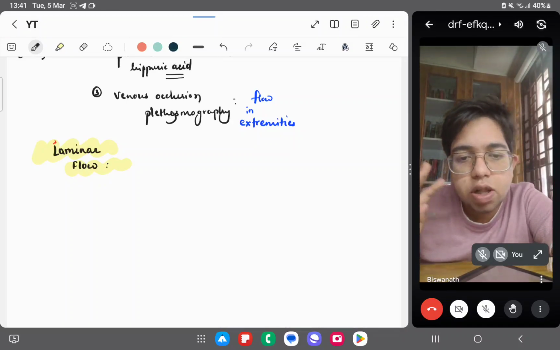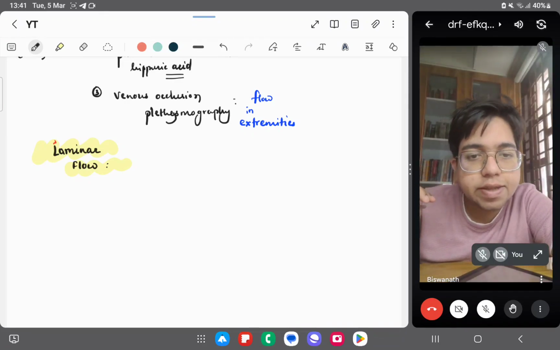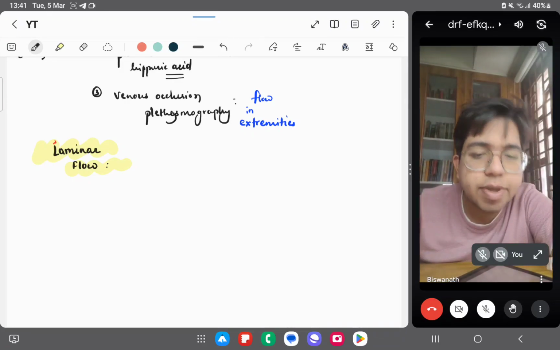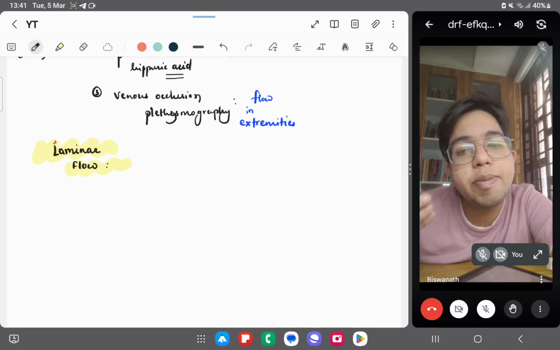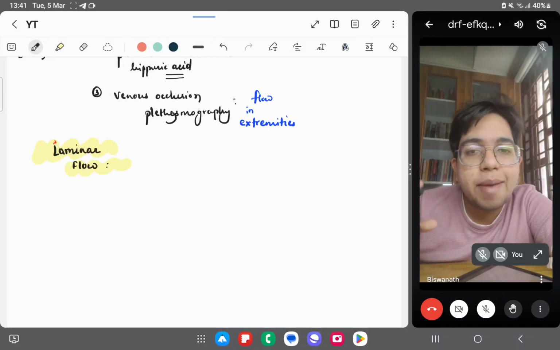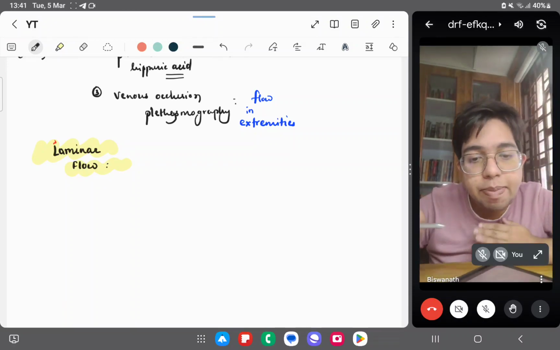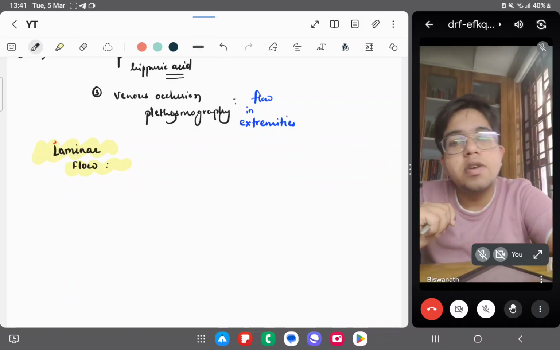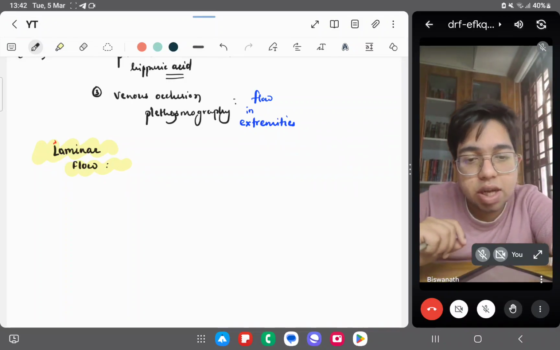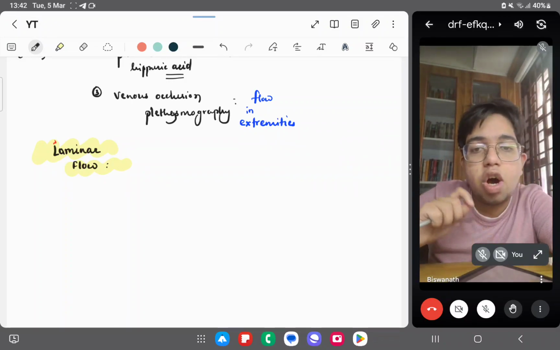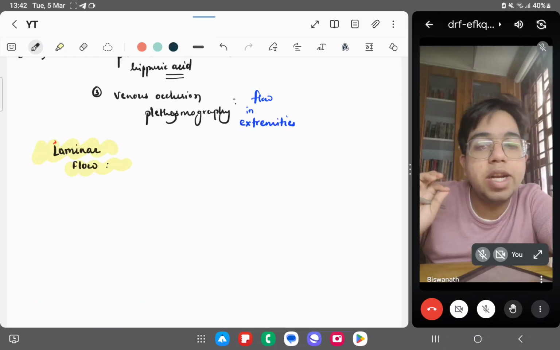You know all this from physics: if the Reynolds number increases, the probability of the blood becoming turbulent increases. Laminar flow is when blood flows in straight layers parallel to each other, and this distribution of velocities is known as a parabolic distribution.